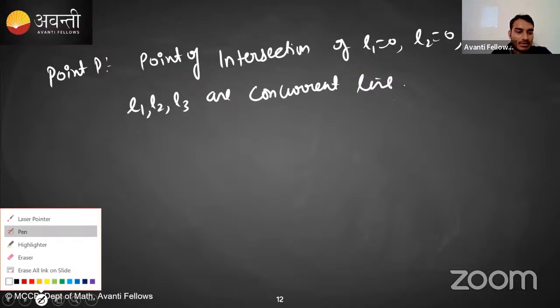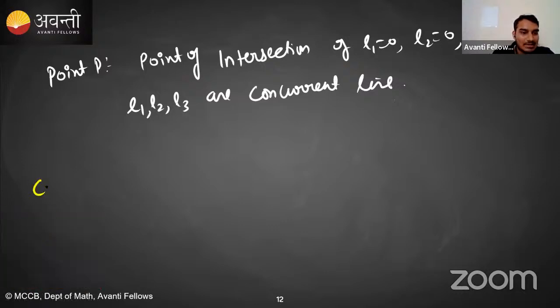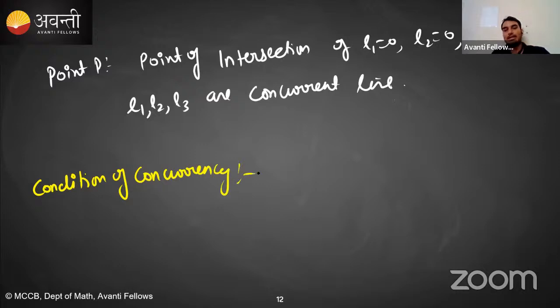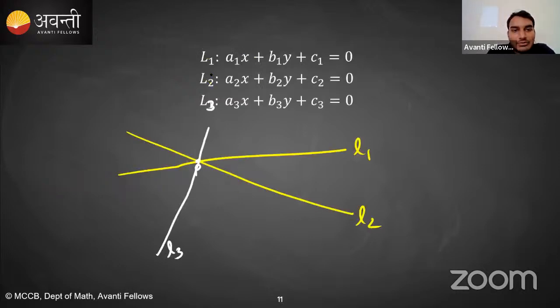So the condition of concurrency. Now I'm writing the condition of concurrency. It's simple. How will you find it? Common sense. Find the point of intersection of L1 and L2, and then that point of intersection will also be lying on our L3.